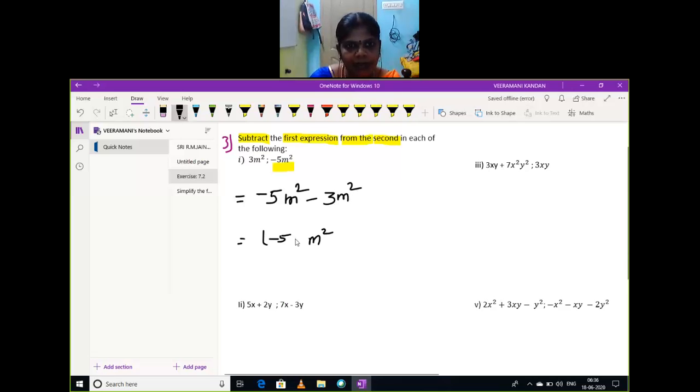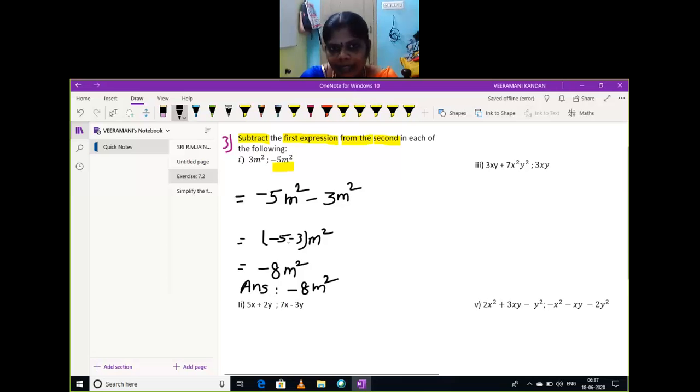Minus 5, minus 3. Both numbers have the same sign, so you add. So minus 8m square. What is the answer, children? The answer is minus 8m square. Do you understand, children?